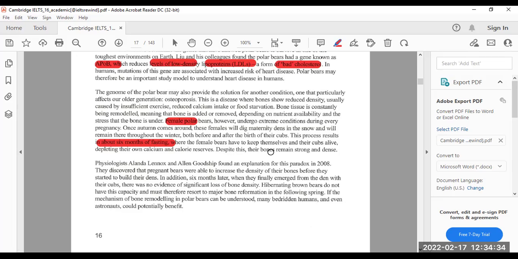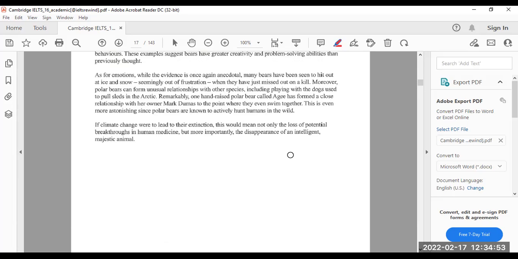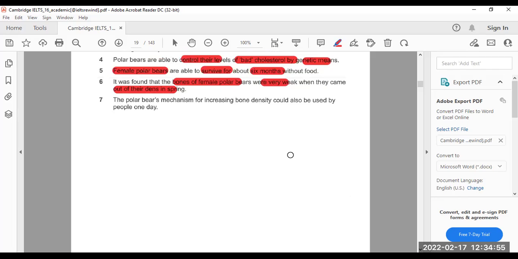Despite this, their bones remain strong and dense. So even though they are 6 months of fasting, inside their dens, isn't it? They are able to keep their bones strong and dense. But my question here is, like they say, weak when they came out of their dens in spring. So it is false, contradicts the information, hence it is said to be false.